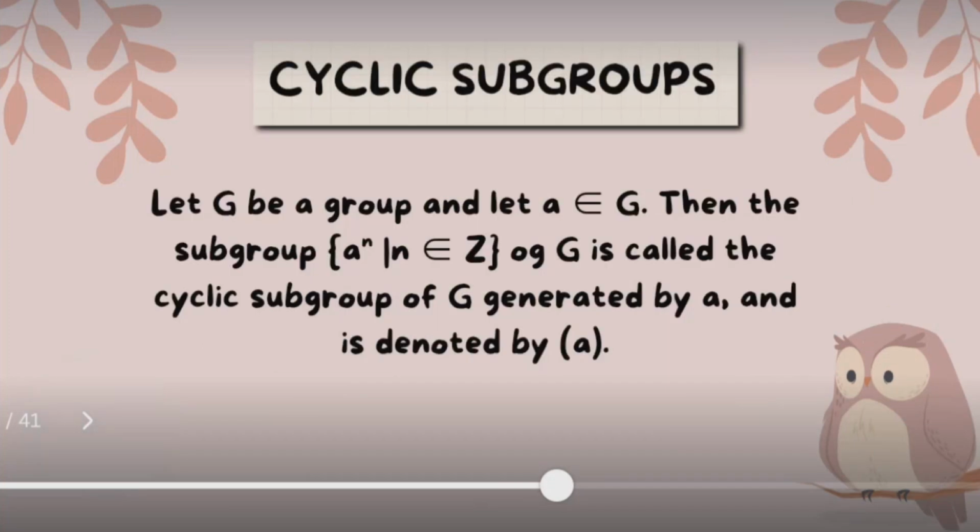Let G be a group and let A be an element of G, then the subgroup A raised to n, where n is an element of the integers, is called the cyclic subgroup of G generated by A and is denoted by ⟨A⟩.